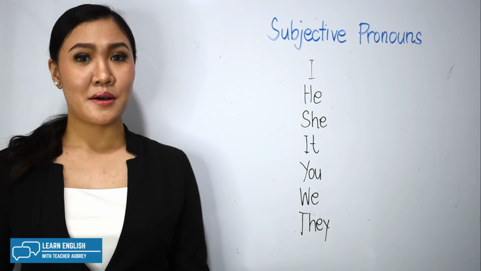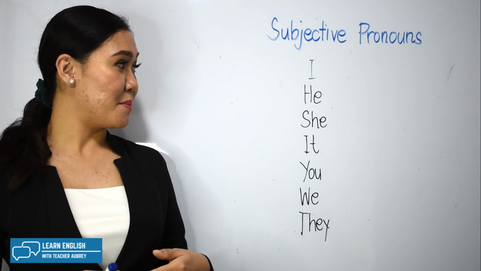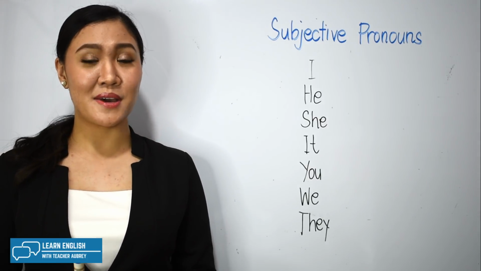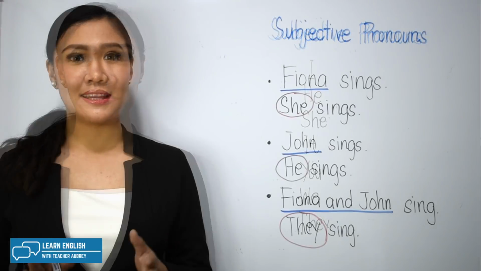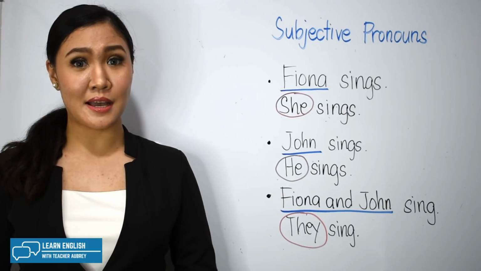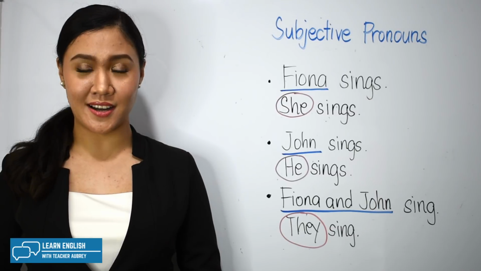They is many. It can be many girls, many boys, many objects. Let us now look at the different examples in which we will apply the different subjective pronouns.